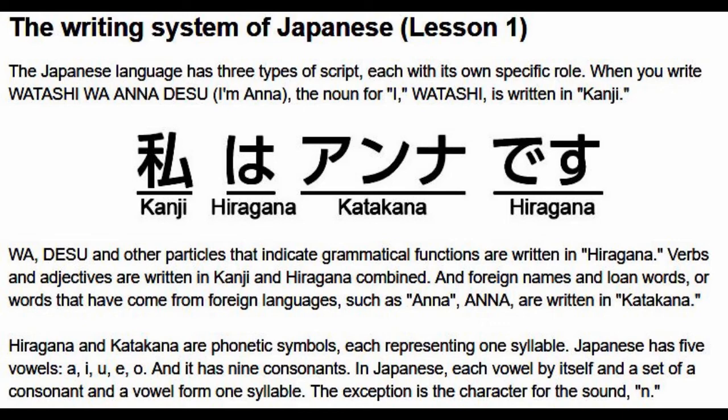Hiragana and katakana are phonetic symbols, each representing 1 syllable. Japanese has 5 vowels, あいうえお, and 9 consonants. In Japanese, each vowel by itself and each vowel-consonant set forms 1 syllable. The exception is the character for the sound ん.